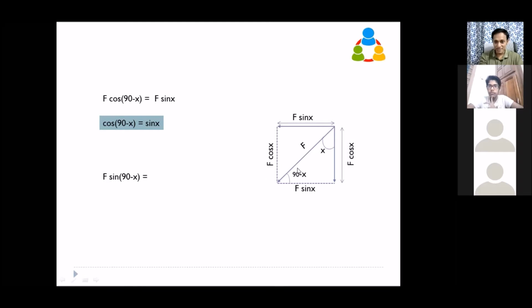Same way, if this is 90 minus x, f sin(90 minus x) is this vertical. So for any parameter that makes an angle, this is the cosine and the vertical one is the sine. But that vertical value we already have got as f cos x. So you get the opposite of it: sine(90 minus x) is cos x. That is why they are called complementary.